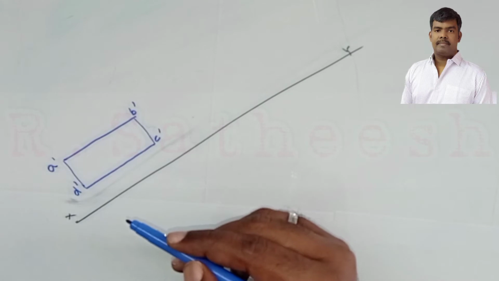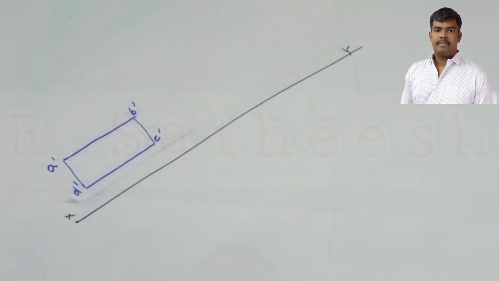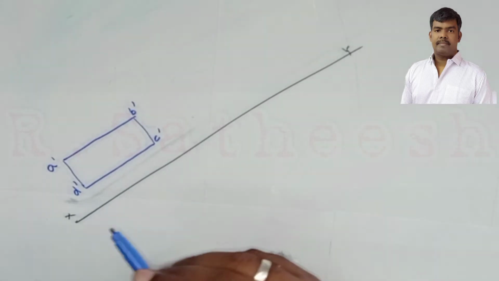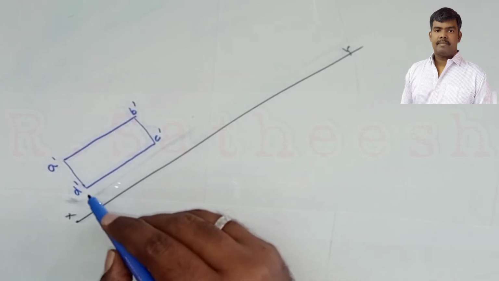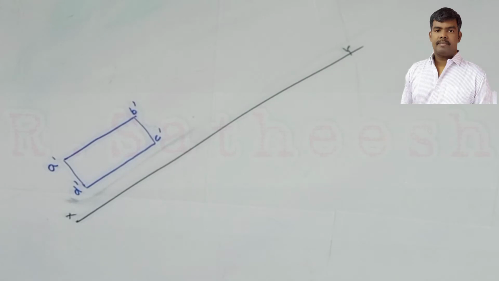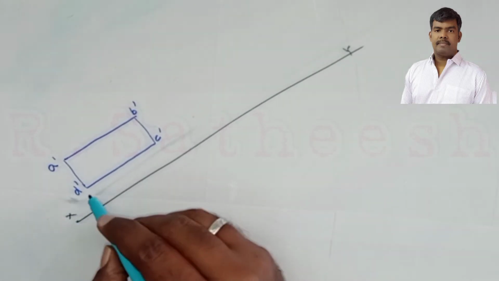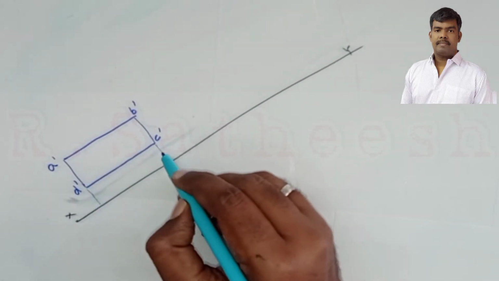In this problem, only the thin rectangular plate's sides are given, not the notations A, B, C, D or P, Q, R, S, so we put A, B, C, D as we wish. Then you draw the projection lines from here and here.